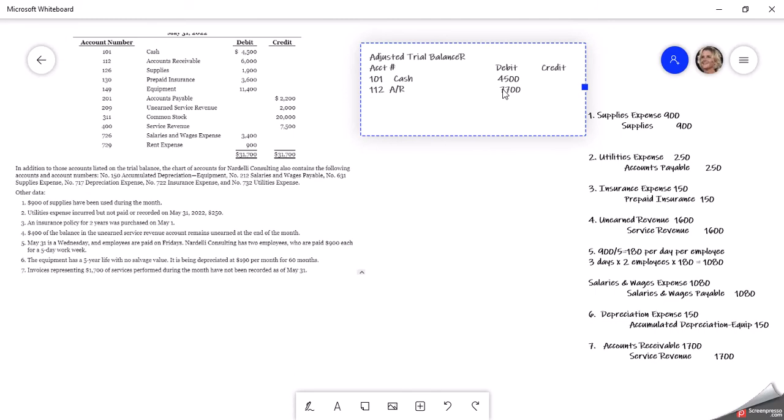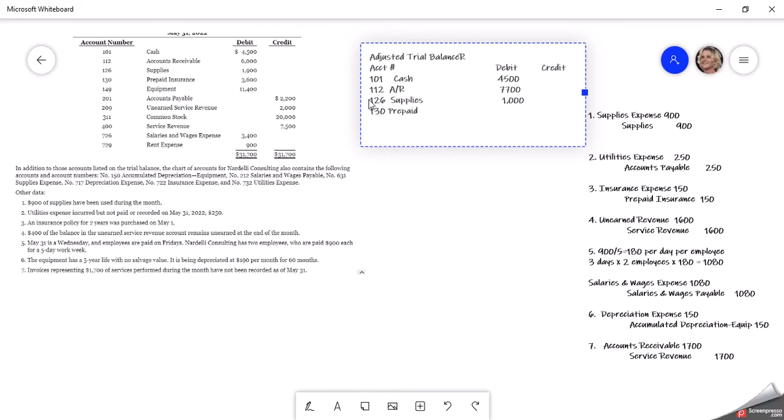Okay, then our supplies, we know that those decreased. We went from the 1,900 down to the 900. So then that's going to be our balance now. And again, it would be that 1,900 minus the, oh wait, no, sorry. We went down to 1,000. We used 900. Okay, then we move on to our prepaid insurance.